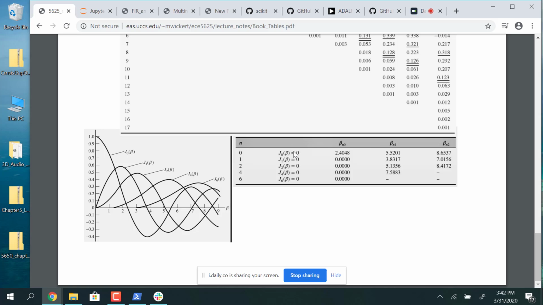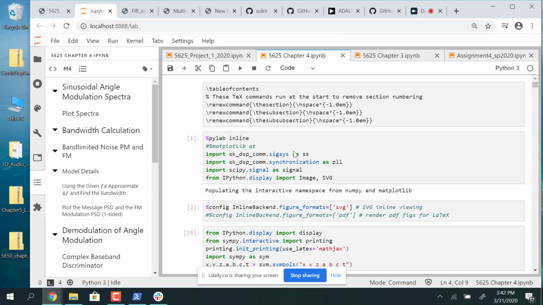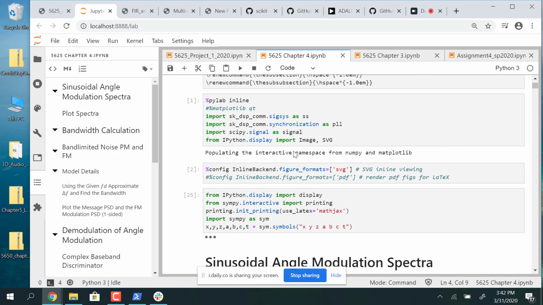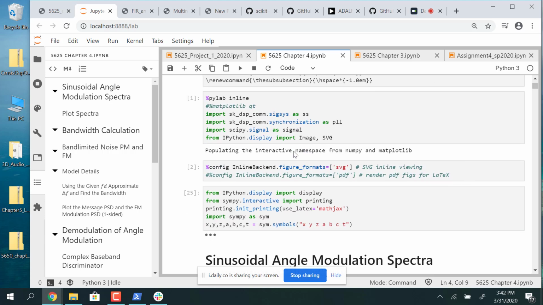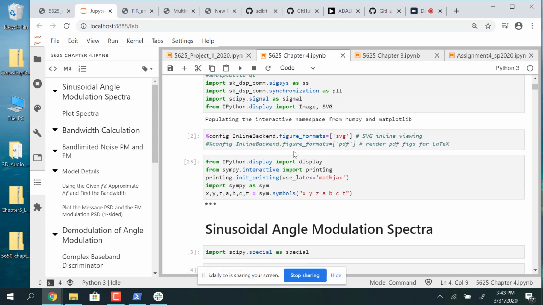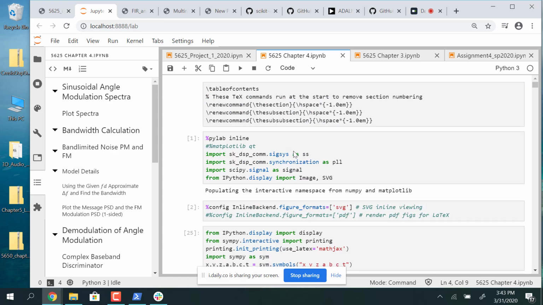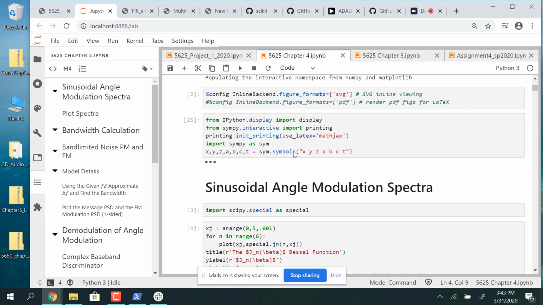And if I was to jump over to the Jupyter Notebook right now, this is designed to do everything for the rest of this chapter, so I've got the synchronization module included because that holds some phase lock loop models that we'll be using later.